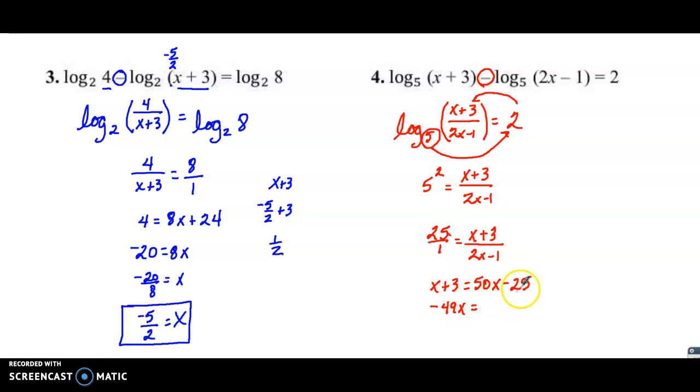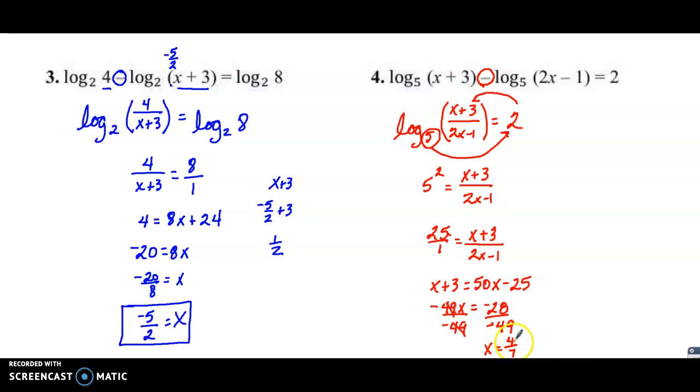If I move my 3 over and subtract 3, that gives me a negative 28. So then when I divide by my negative 49, it will become positive. And what goes into both 49 and 28? Well, 7 does. 7 goes into 28 4 times, 7 goes into 49 7 times.